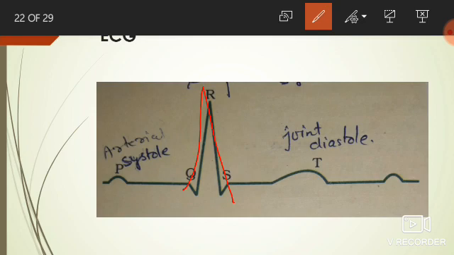So it is of great clinical significance. Basically, it has two main significances. First, we can determine the heartbeat rate of an individual by counting the QRS complexes. Second, to indicate a possible abnormality or a disease in a person.